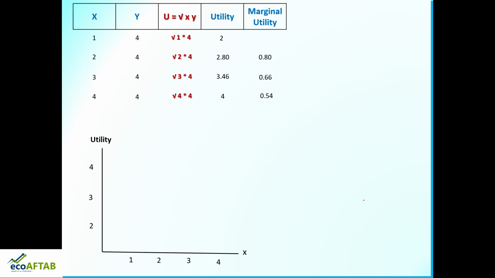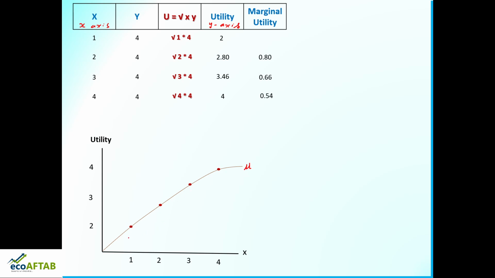Now you can see for the first unit of x the utility is 2, for 2 units of x the utility is 2.8, for 3 units of x the utility is 3.46, and for the fourth unit it is 4.